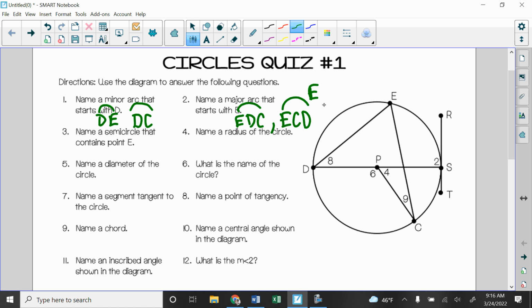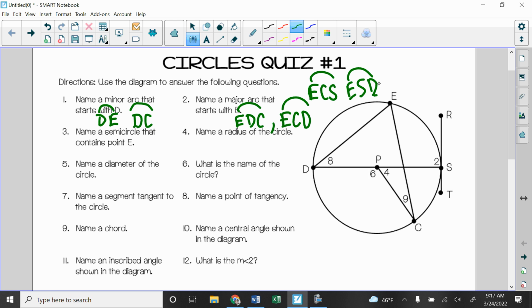ECS. ESD. Yep. Had to start with E. Anything else that we missed? Okay, put a star on it.